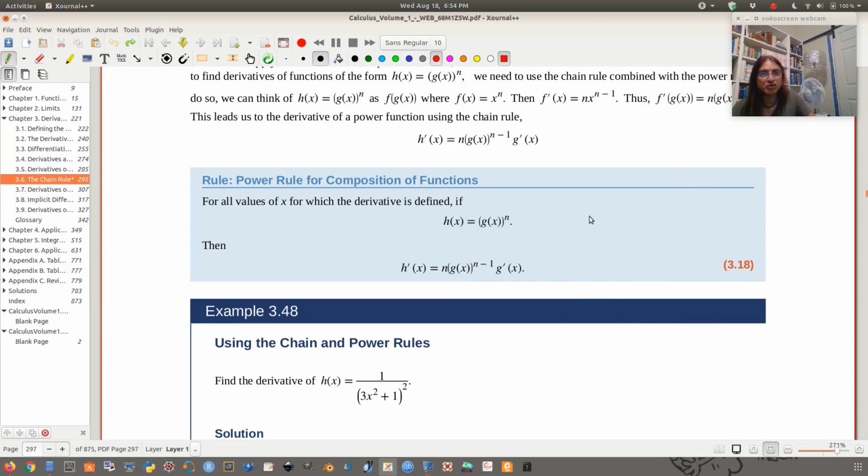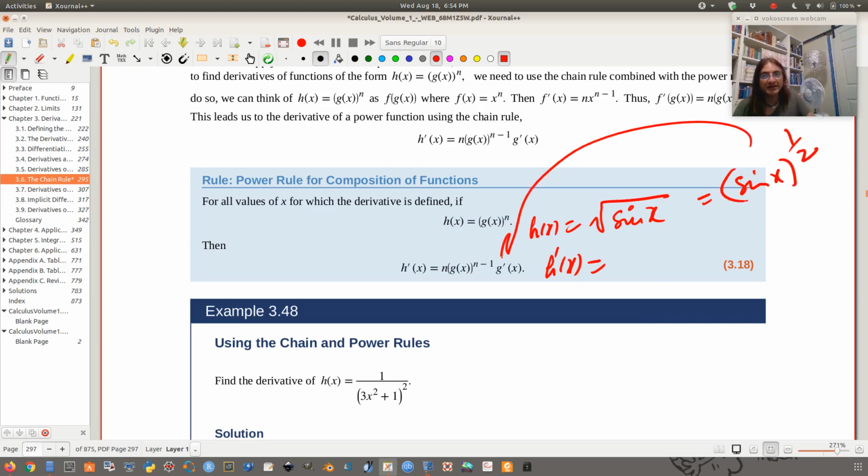Similarly, if you had square root of sine x, this is our function. It's a square root. F is the square root of g(x). G is sine x once again. So the derivative of this function, h(x), remember this means sine x to the power half.